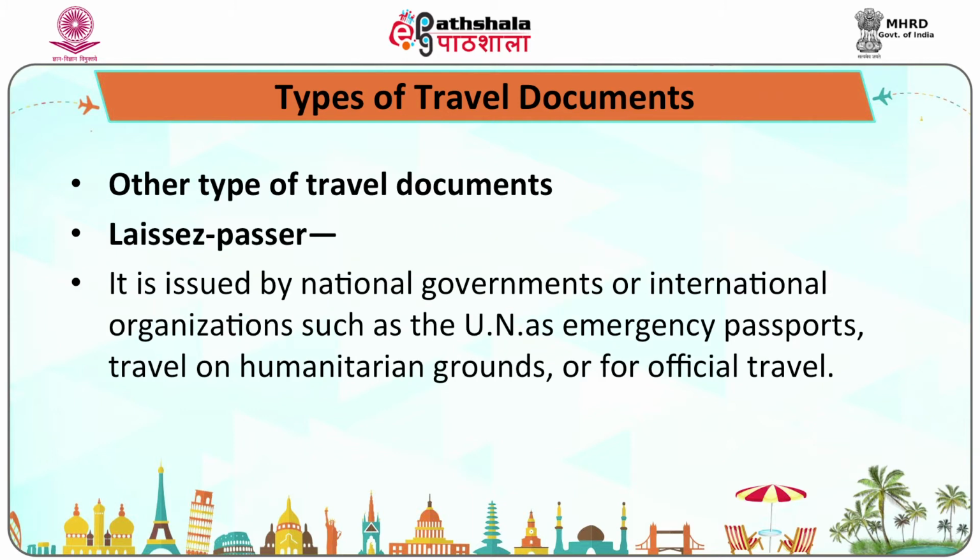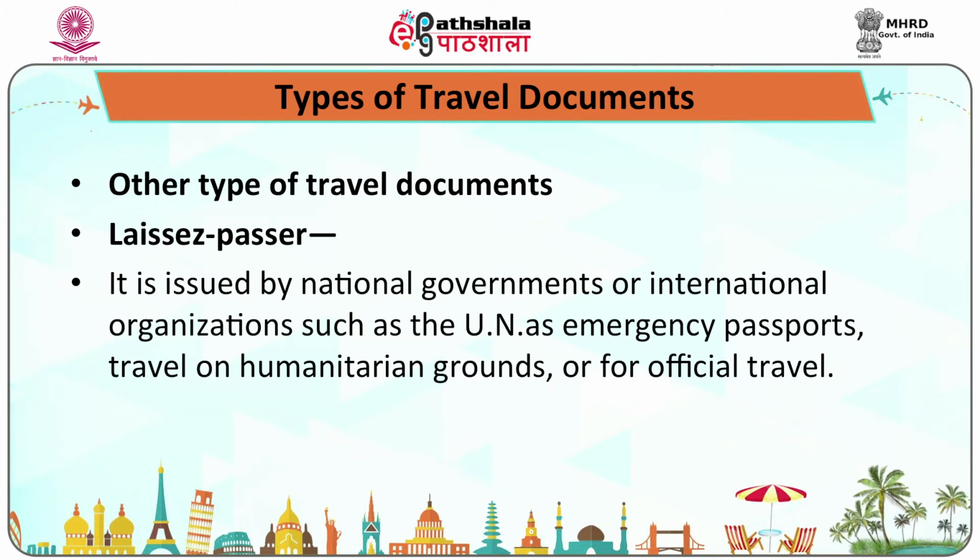Other types of travel documents may include laissez-passer. It is issued by national governments or international organizations such as the UN as emergency passports, travel on humanitarian grounds or for official travel.